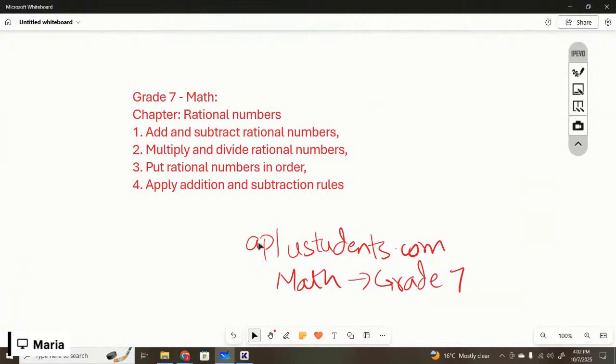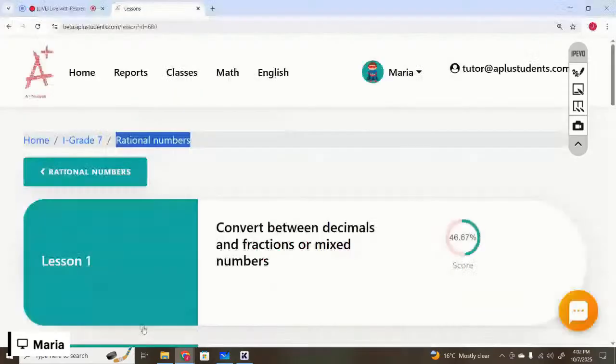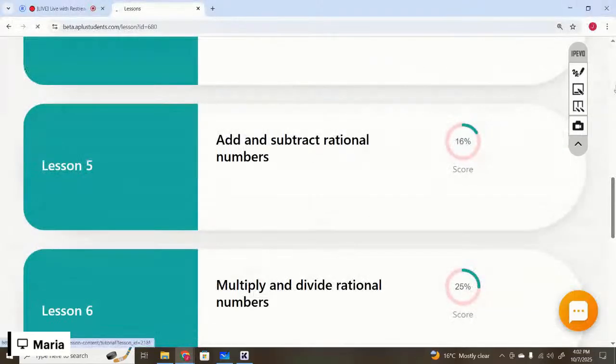So please make sure you have your notebook and pencil so that you can note down the important things and definitions as well. So let's just start the chapter rational numbers, grade 7 math. So let's just start with the lesson.